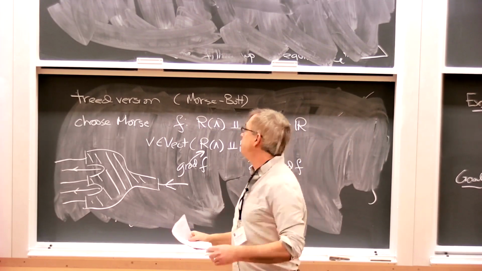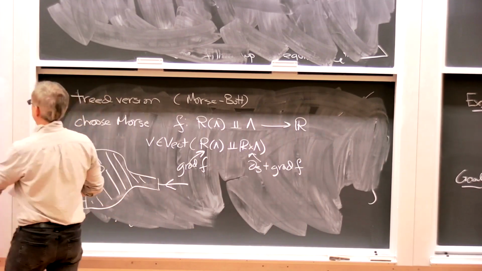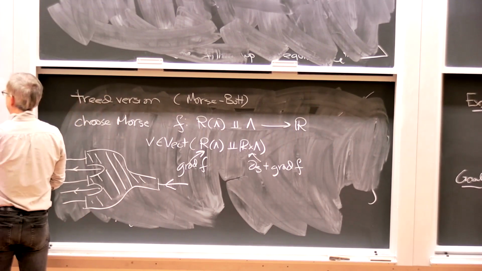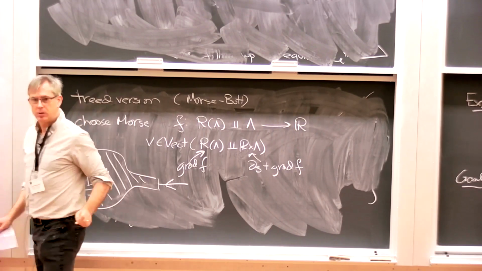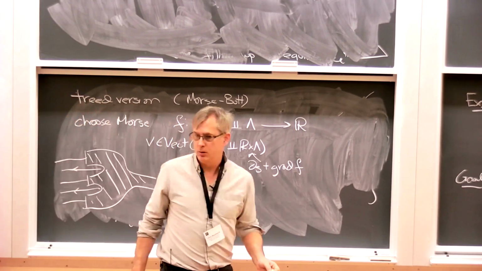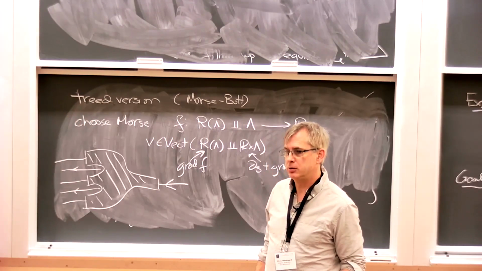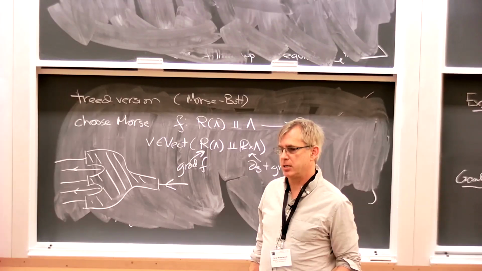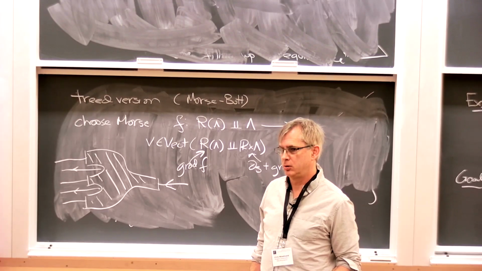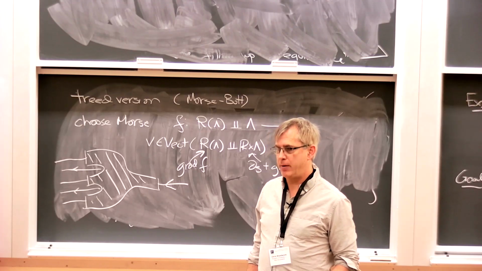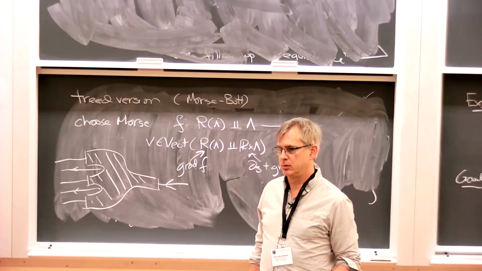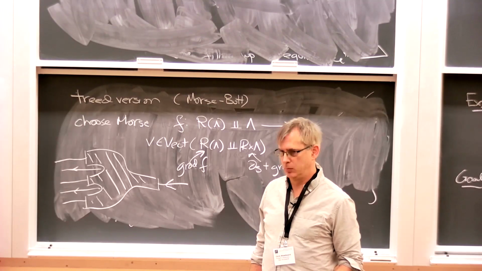So each of these Reeb chords is the intersection of lambda with any fiber. That is your contact length. They are pieces of fibers.